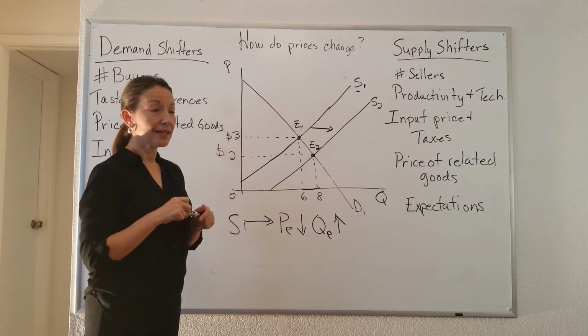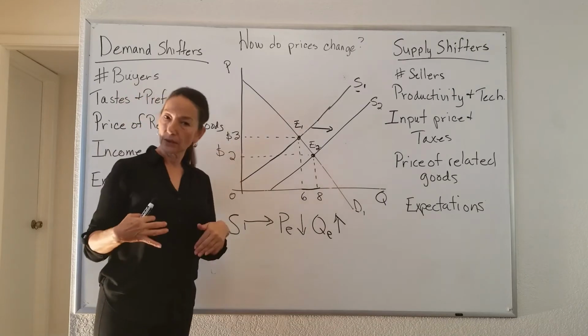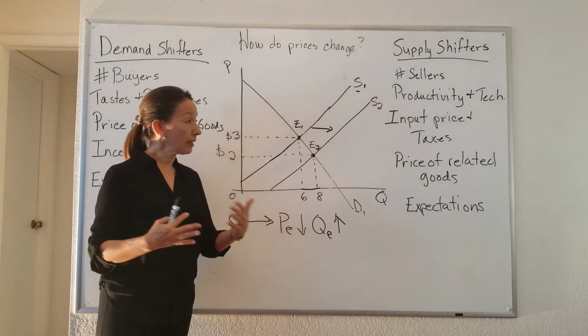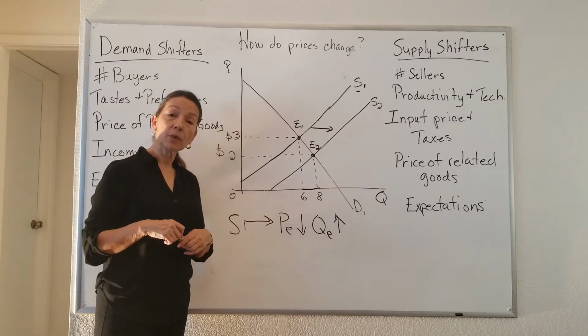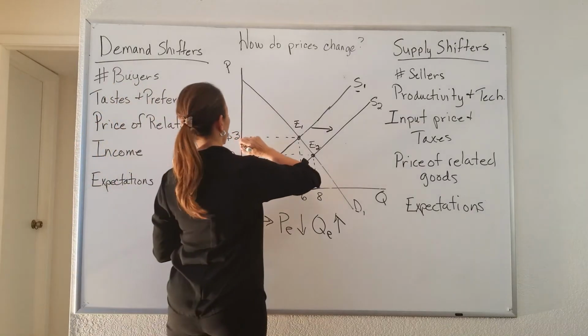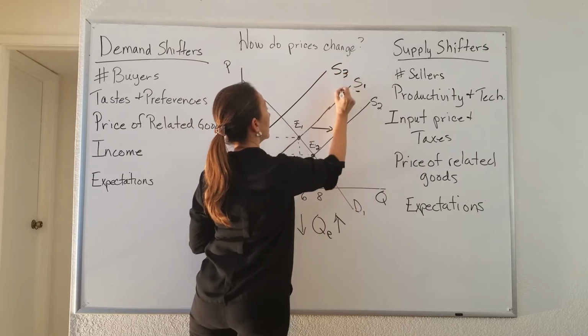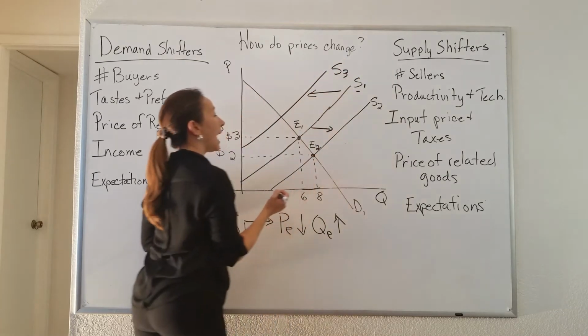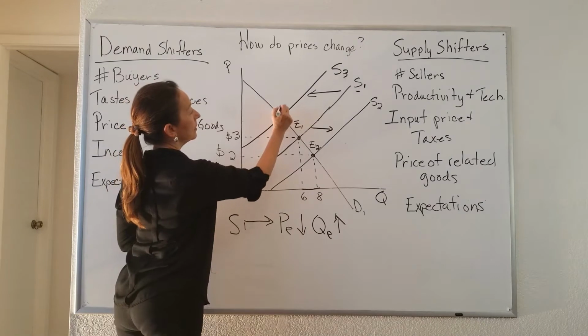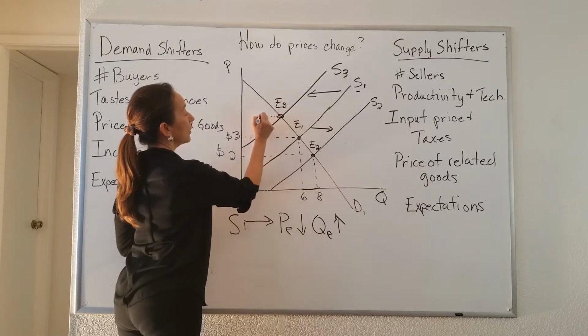Now, we might also have a situation where sellers leave the market. If we have sellers leaving the market, the supply curve is going to shift to the left. And when that happens, we have a new equilibrium.